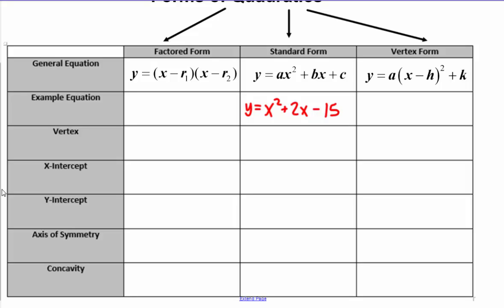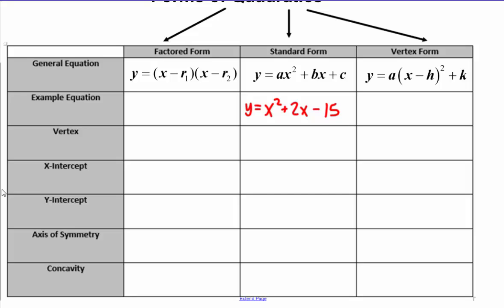What I will tell you is that all of these forms of equations will all be equivalent. They're just written in different forms. So just like in linear equations where we had slope-intercept form, standard form, point-slope form, that could all be the same line, just written three different ways, the same thing applies here. These are all the same quadratic equation, just written in different forms.